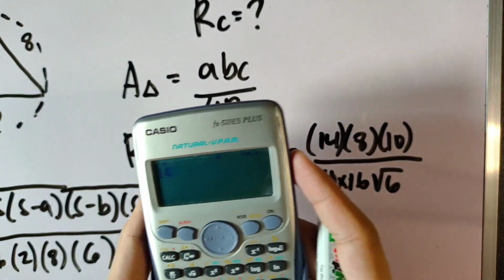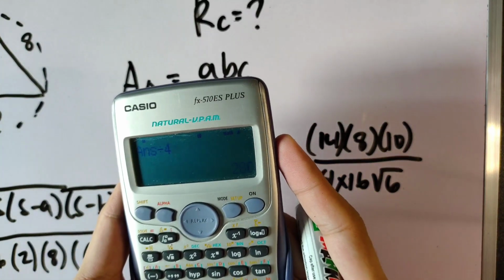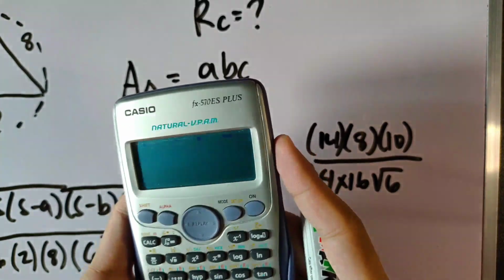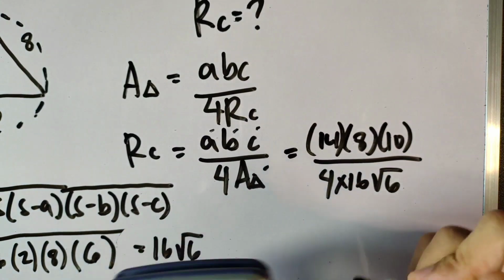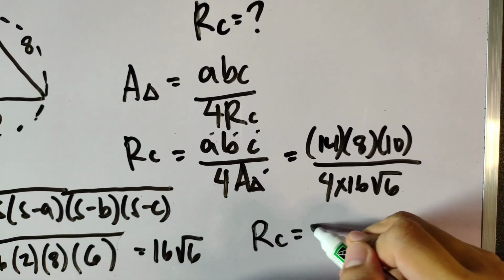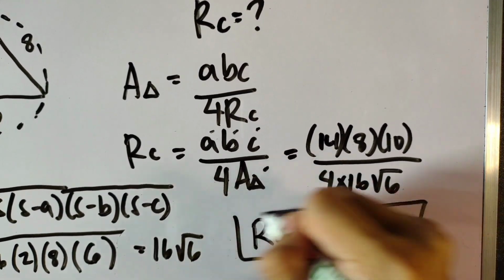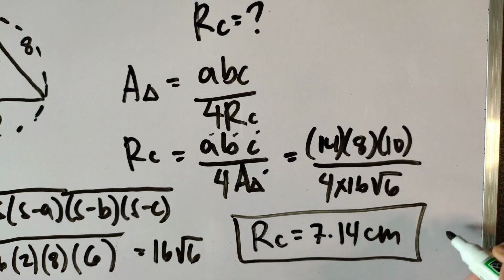So 14 times 8 times 10 divided by 4 divided by 16 square root of 6. So meron tayong 7.14 centimeters. So yung R sub C natin is equal to 7.14 centimeters. At based sa choices, letter A ang tamang sagot.